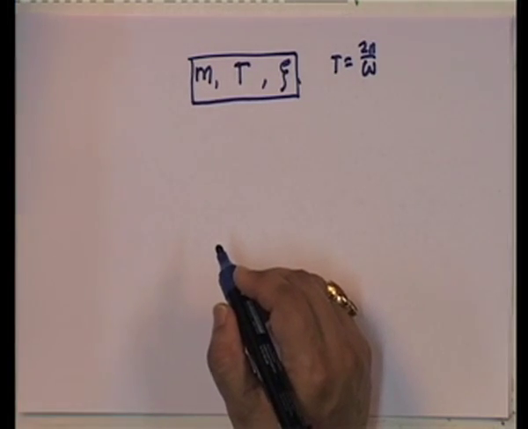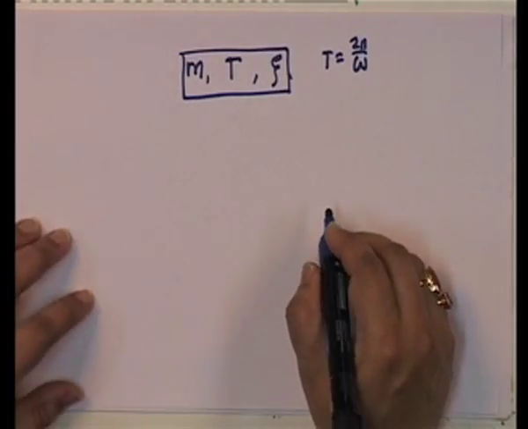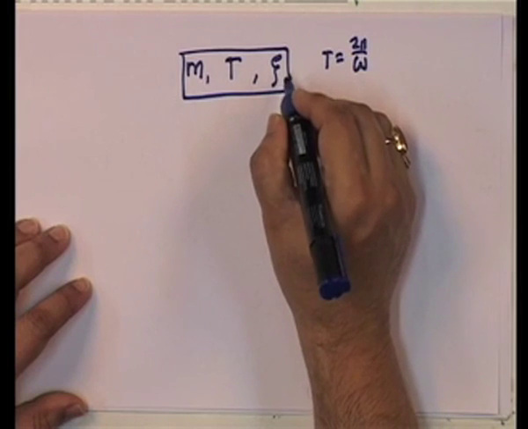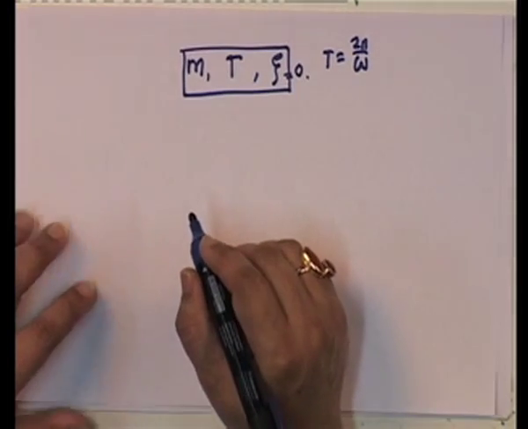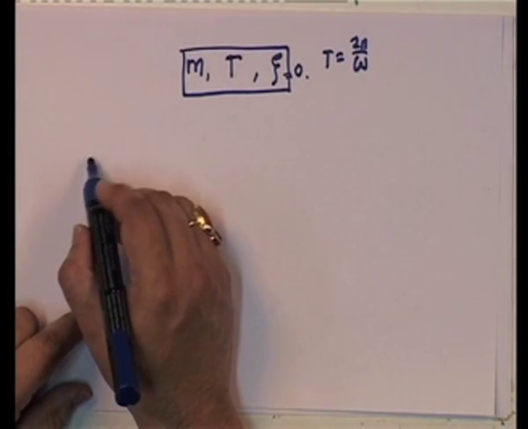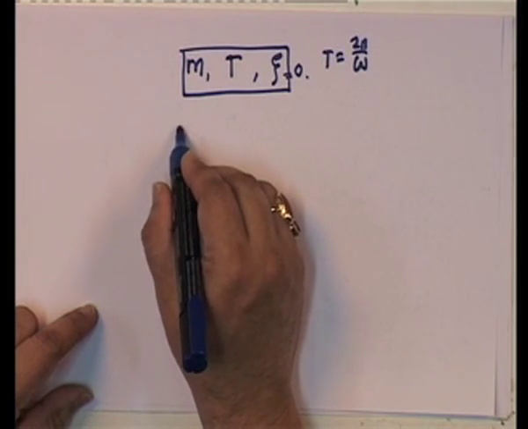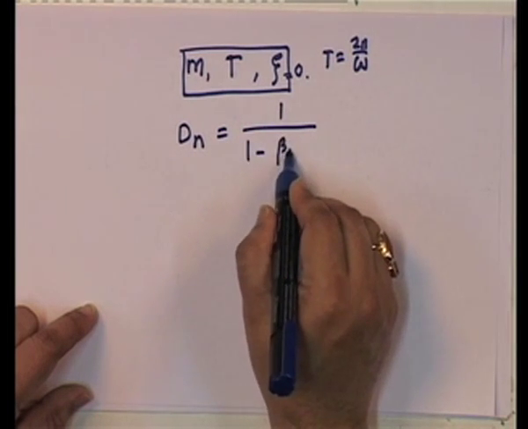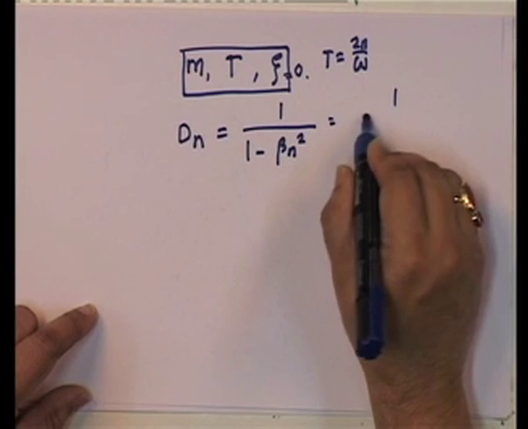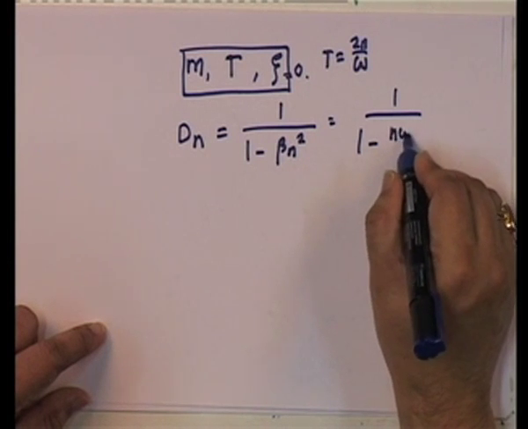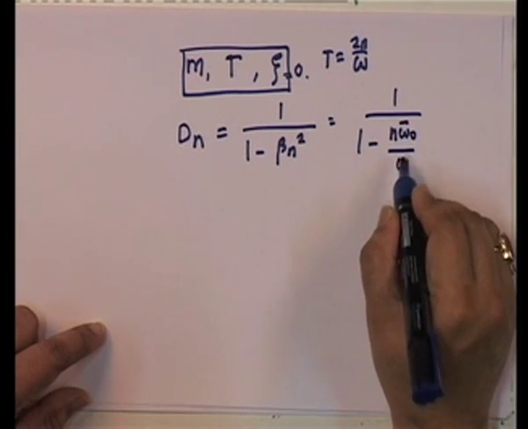Well, the loading is given in this fashion. So, all I need to do is take out how it is going to be, and what I am going to do is take psi equal to 0 for now, undamped system, and show some numbers. If I look at the solution, then what does D n become? D n becomes 1 upon 1 minus beta n squared, which is 1 upon 1 minus (n omega bar 0 upon omega) squared.